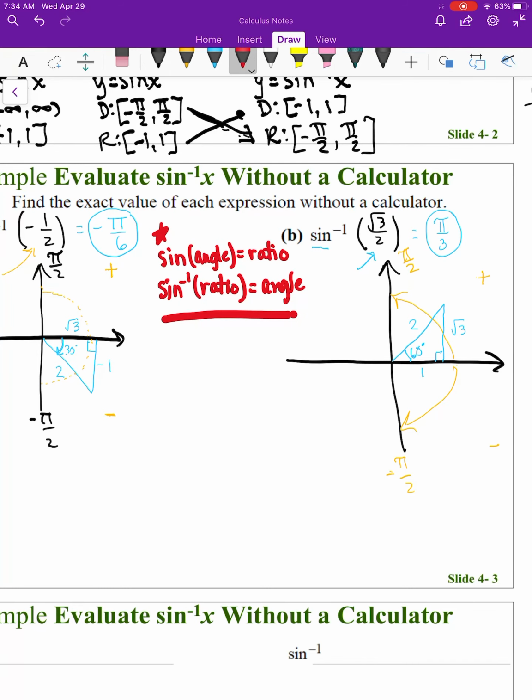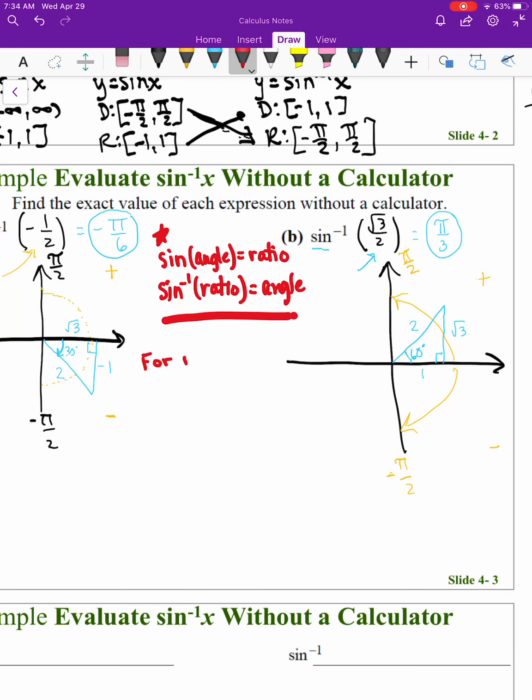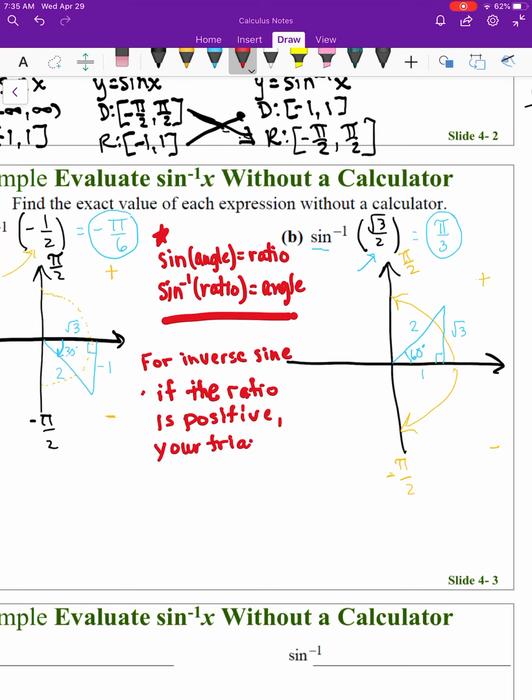And we might want to write along with this that we wrote right here, we also might want to write for inverse sine: if the ratio is positive, your triangle is in the first quadrant.